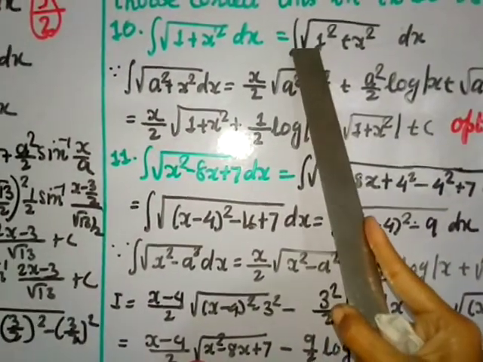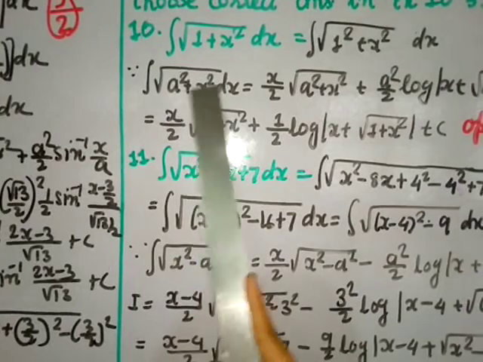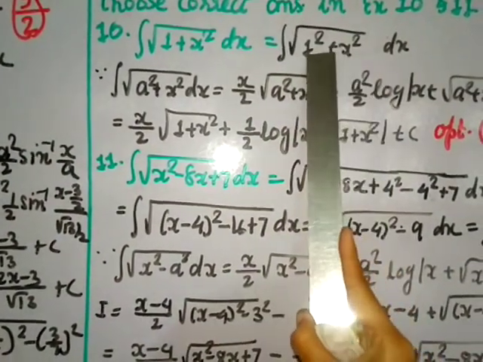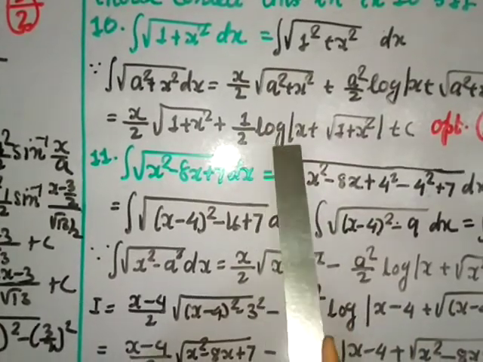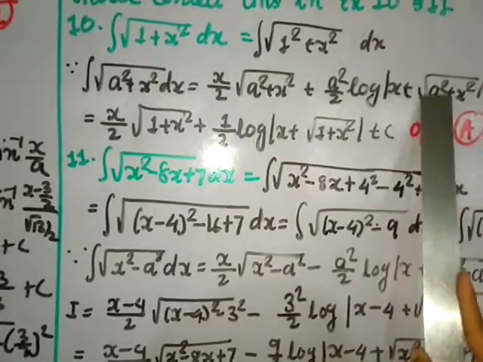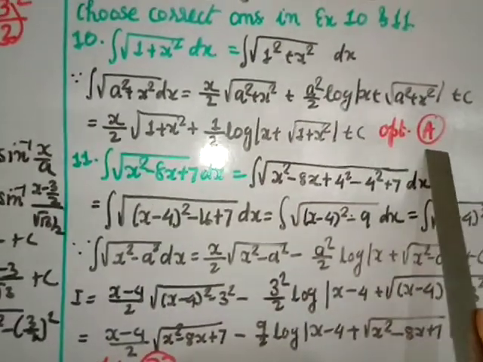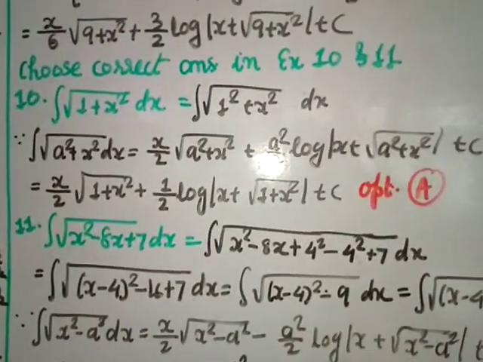Here a is 1 and x is x. So x by 2 square root of 1 plus x square, and a square is 1 square, which is 1, and 2 is here. Log x is as it is plus square root of 1 square plus x square plus c, and this is option A. So option A is the correct option.